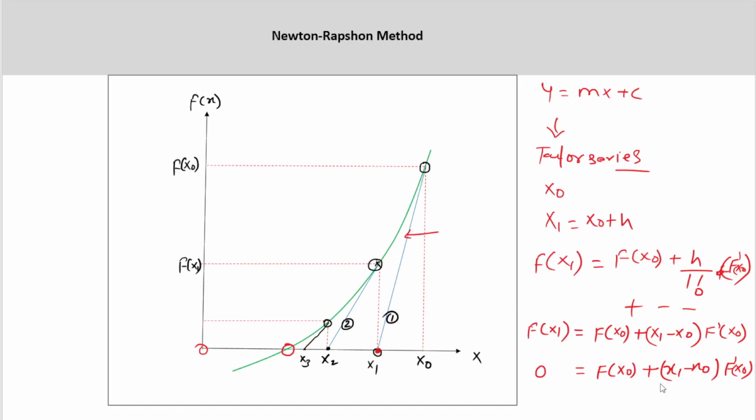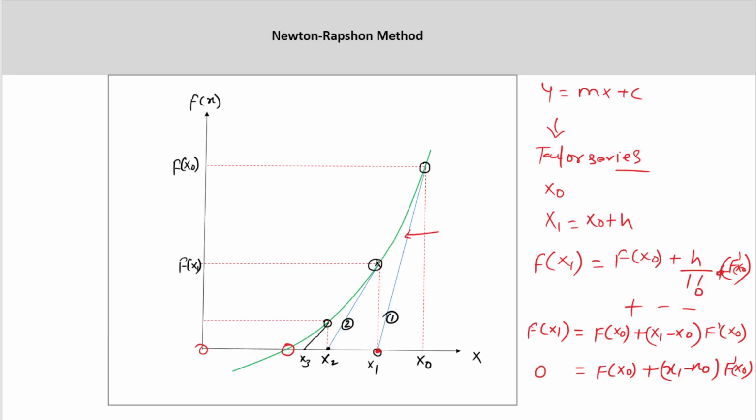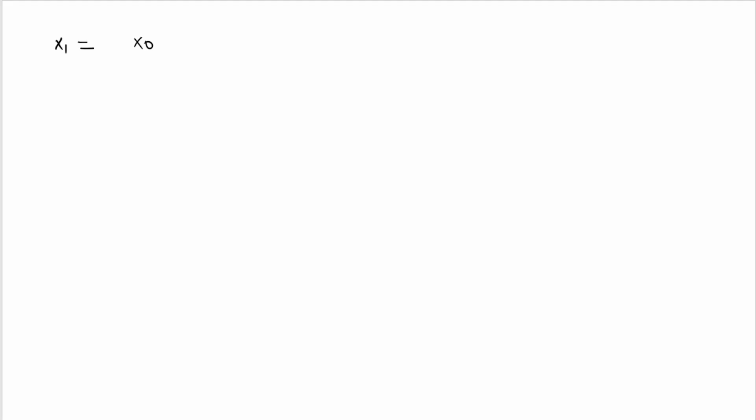The value of x1 from this equation will be x1 is equal to x0 minus f of x0 upon f dash x0. So this is the value of x1.